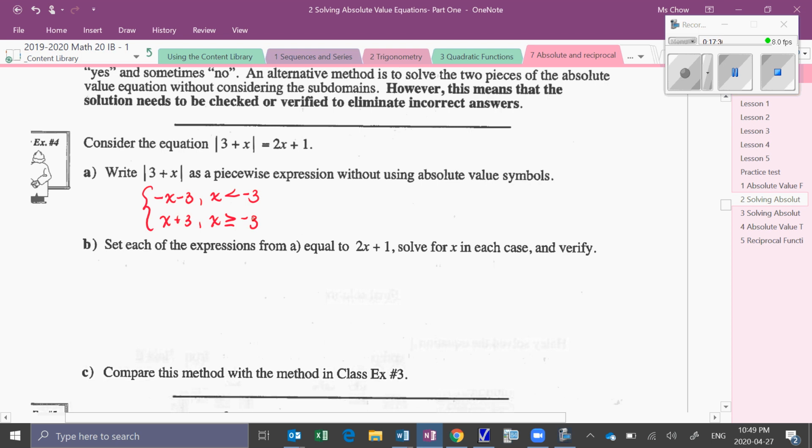And I should write out that this is taking it from the absolute value of x plus 3, and those are our two versions then.